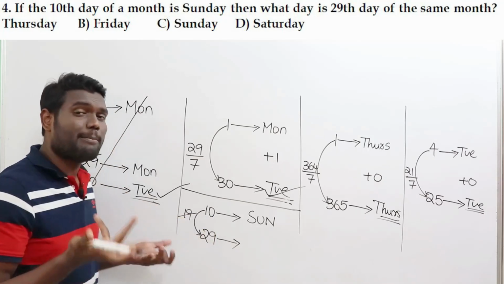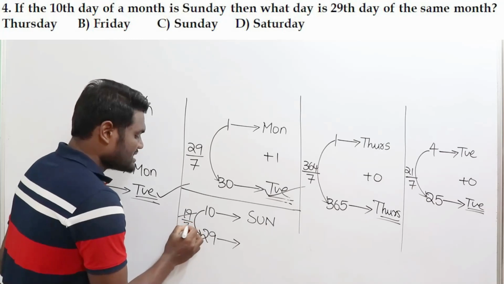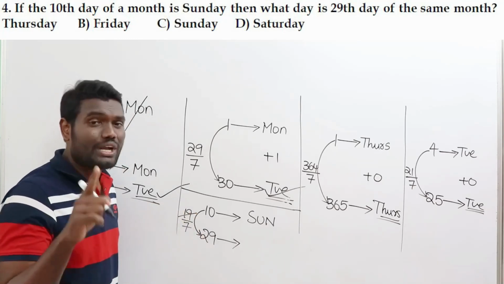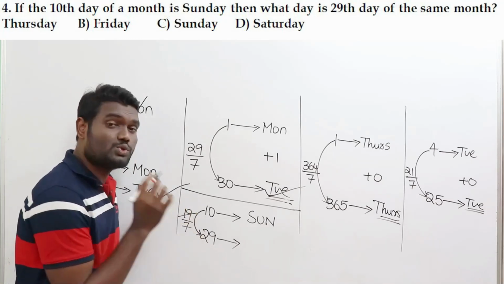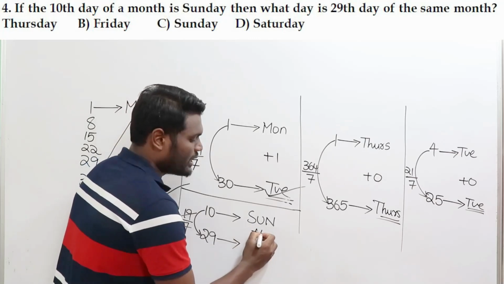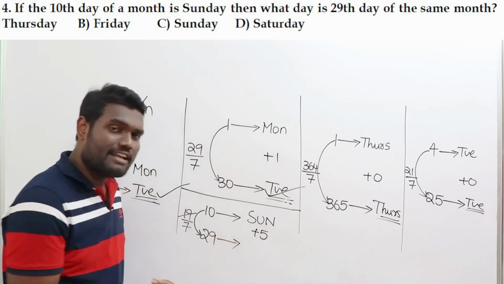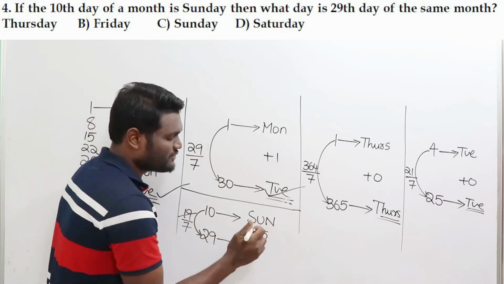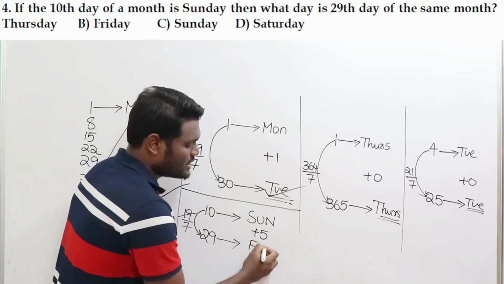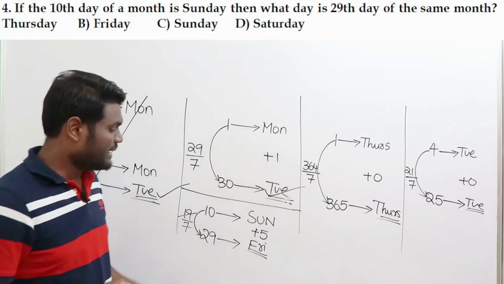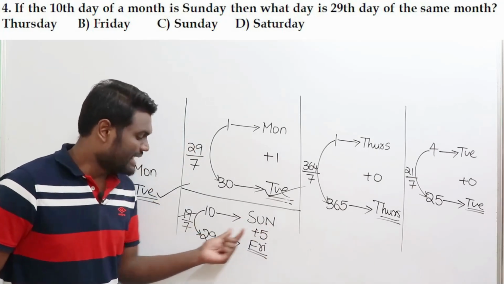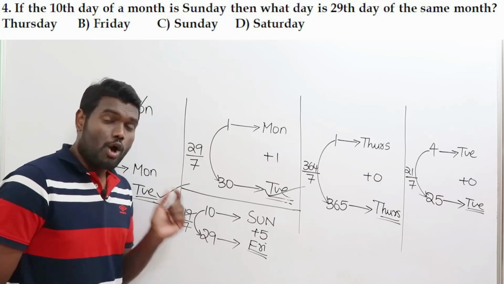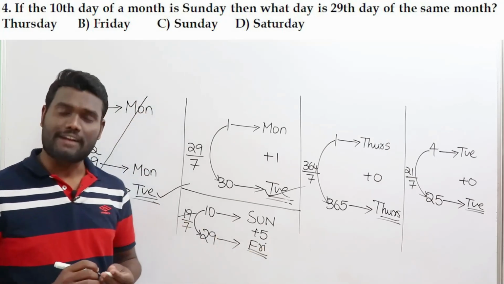In 19 days, how many odd days are there? 7 twos are 14, which means the number of odd days will be 5. As the number of odd days is 5, you will move 5 days forward, that is Sunday plus 5. We can say that the answer is going to be Friday, which means if the 10th is Sunday, the 29th day of the same month is going to be Friday.